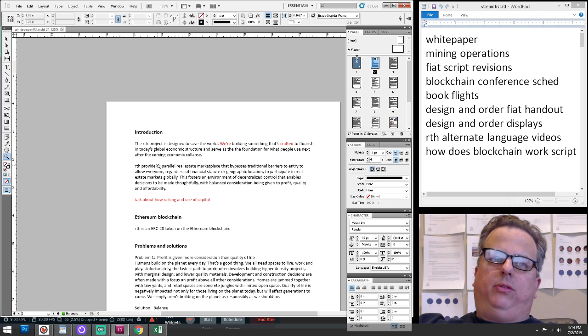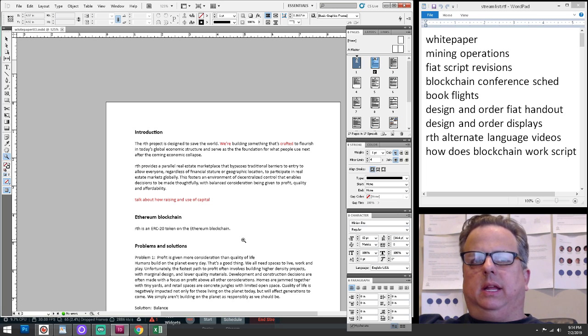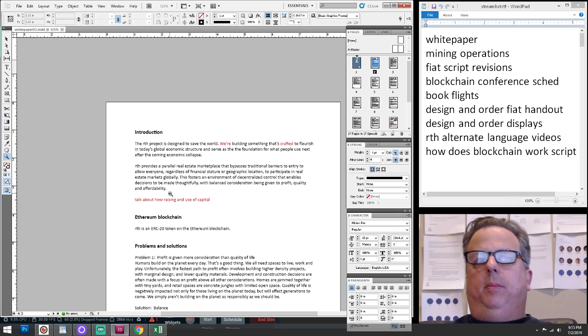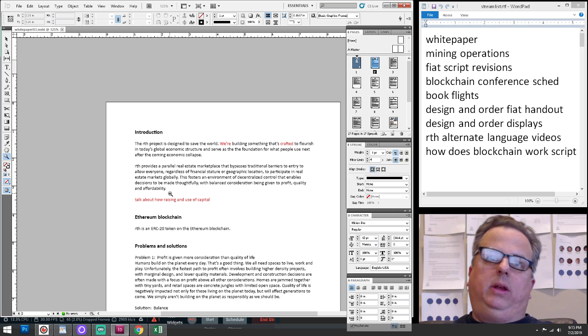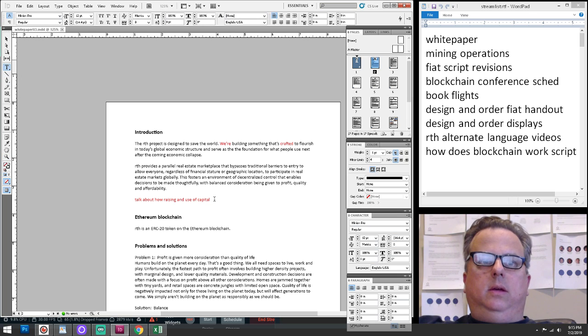And given the number of points, it makes the introduction kind of lengthy. I think the introduction's job is to pull people into the rest of the document. So I think the faster that we can convey the information, the more powerful the white paper is going to be. And so for that reason, I think that we should make the introduction graphical as much as it can be.